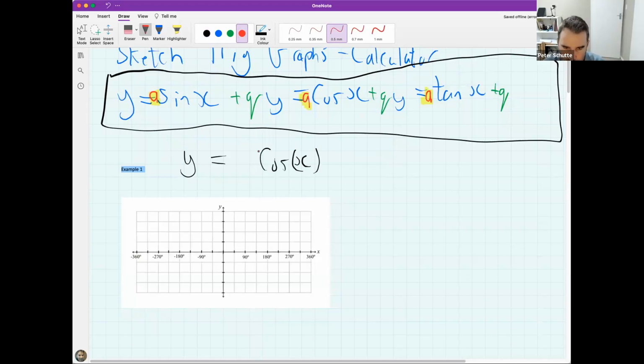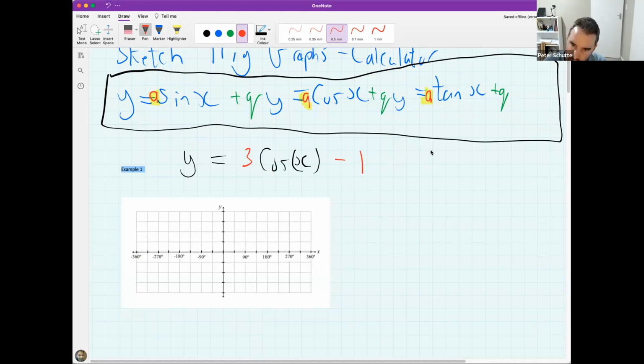I'm going to put a 3 in front of it. So the amplitude is going to be 3, which means that normally the graph goes between -1 and 1. Now it's going to go between 3 and -3. And what's more, I am going to shift this whole graph down by 1 unit.